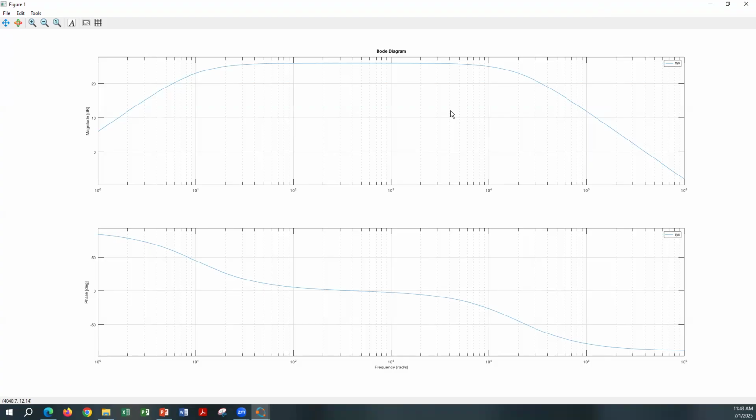So at the cutoff frequencies, if your curves are smoother, then you're plotting the exact plot. But if they are not smoother, then you're plotting the approximate Bode plot. At least it's going to give you an idea, and this is how it should look. At least you can check your work against this.